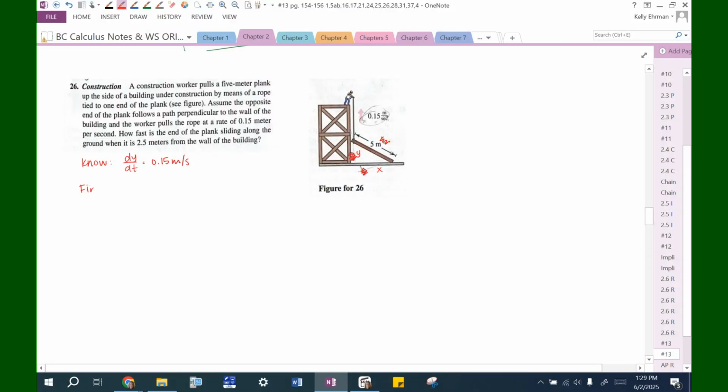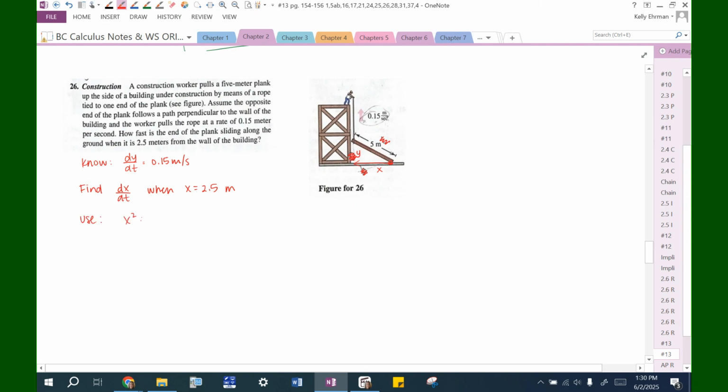They're asking me to find the rate at which the bottom of the plank is sliding this way. So they want me to find dx/dt when it's 2.5 meters from the wall. So that's the horizontal distance again, when x is 2.5 meters. And what will I use? Pythagorean theorem again.